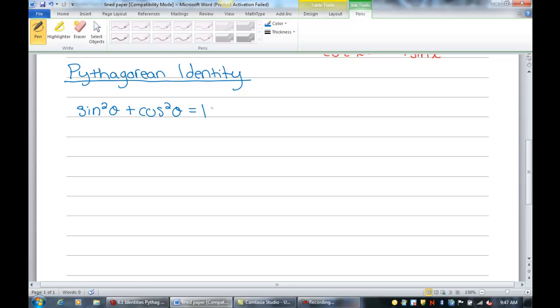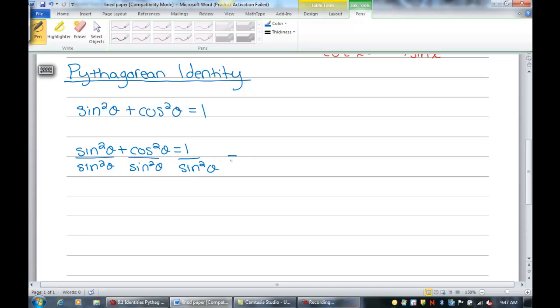We also know that we can create other identities by adjusting this Pythagorean identity. So one that we can do is if we take our Pythagorean identity and we divide it by sine squared theta, this will give us an equivalent identity, but basically in another form.